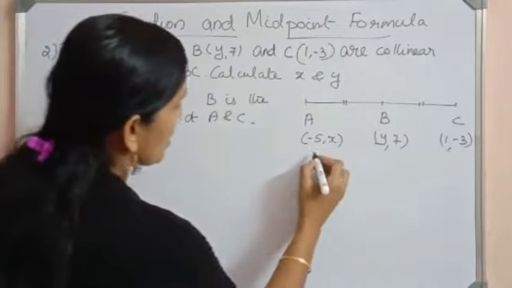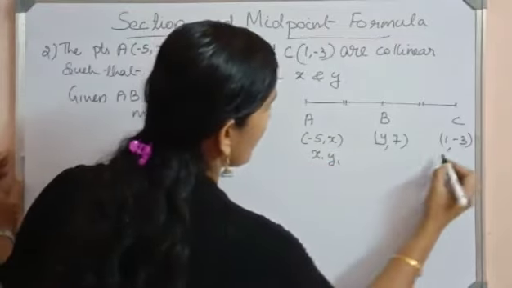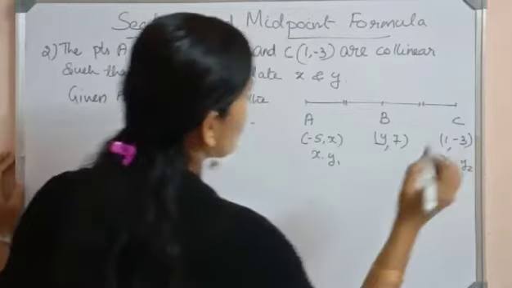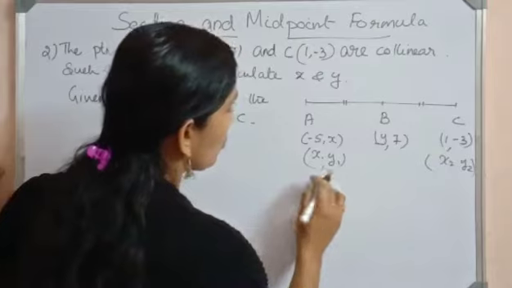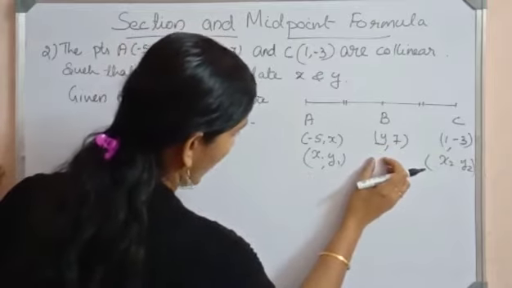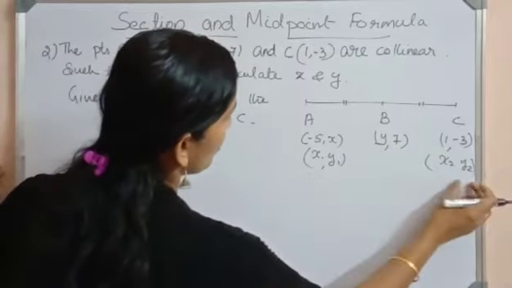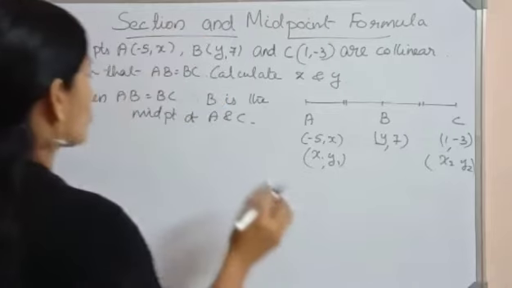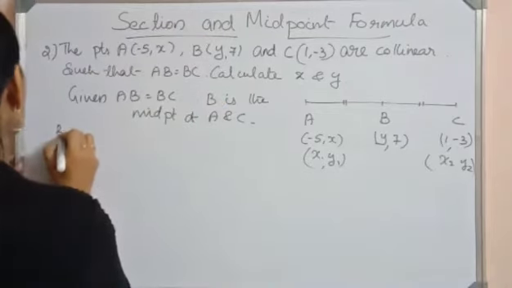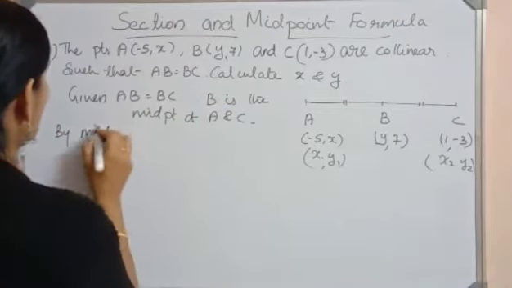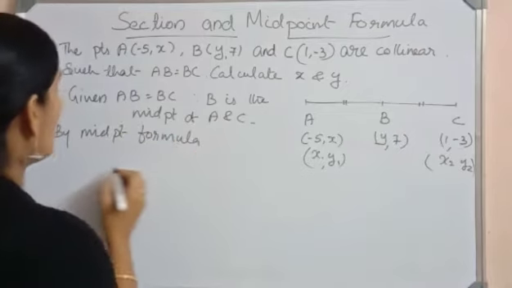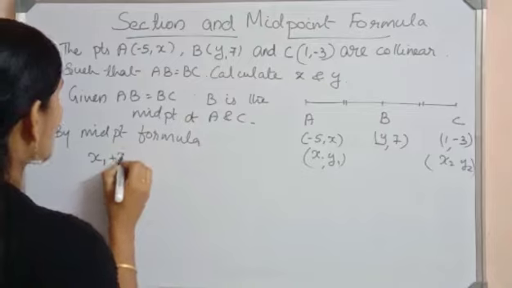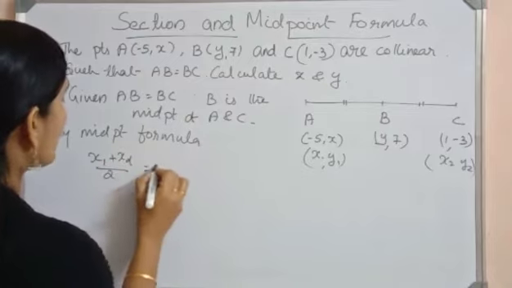So you have to consider this as x1, y1 and this is x2, y2. By midpoint formula, (x1 plus x2) by 2 is the value of x and (y1 plus y2) by 2 is the value of y.